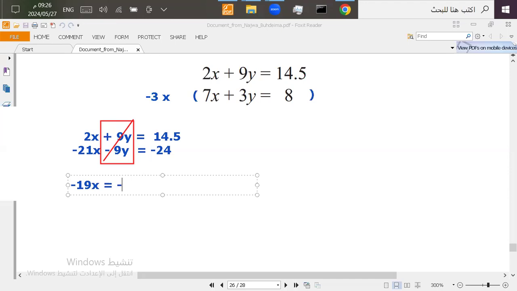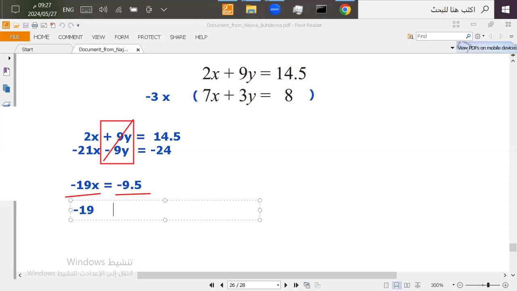It will give me -9.5, like this. Now, I want to get rid of the negative 19 here. So I'm going to divide both sides, or take it by division. Same idea. I'm going to divide both sides by negative 19. It will give me the same answer.